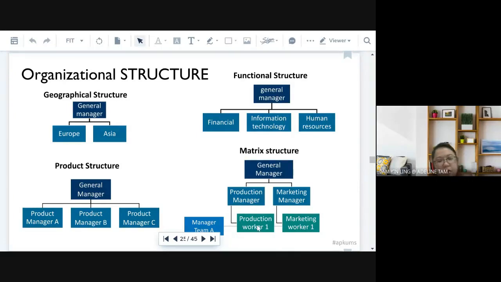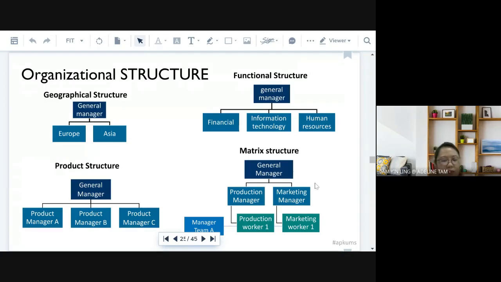So they get workers from the production manager, get workers from the marketing department to work together as a team. So one of the production workers reports to the production manager, and he also reports to the manager of team A. Same thing with marketing. We divide him into one person, but he reports to the marketing manager and reports to team A. So team leader, team A.